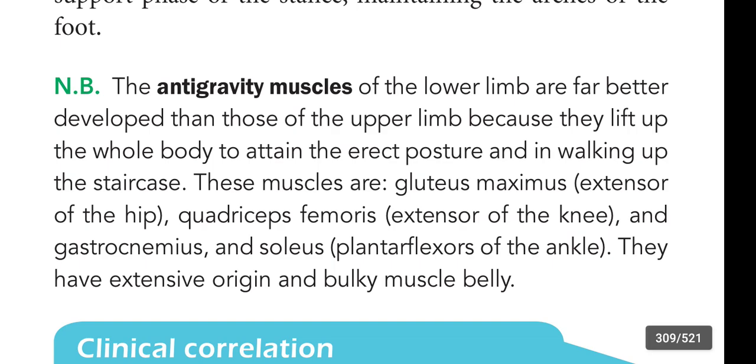They have extensive origin and bulky muscle belly. These gastrocnemius and soleus unite to form the tendon Achilles, and it is connected to the calcaneus. They primarily act as plantar flexors of the ankle.